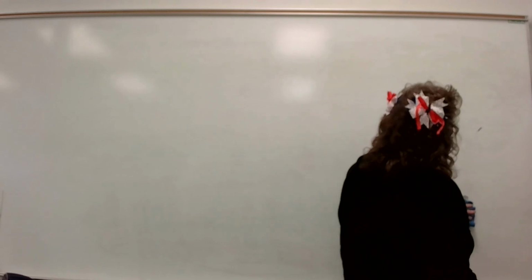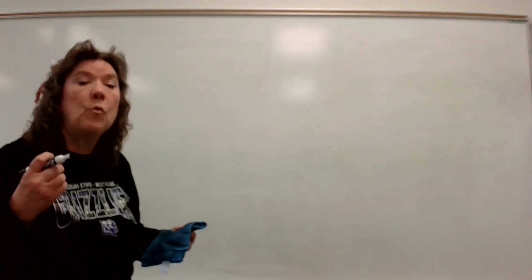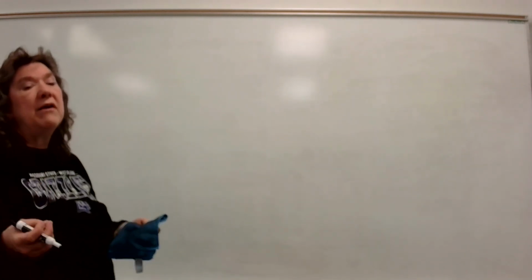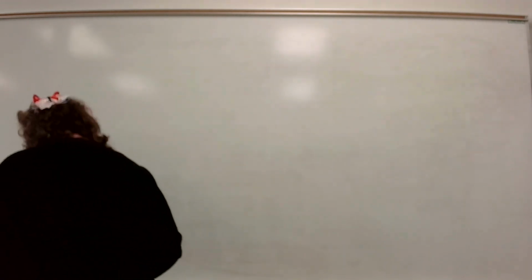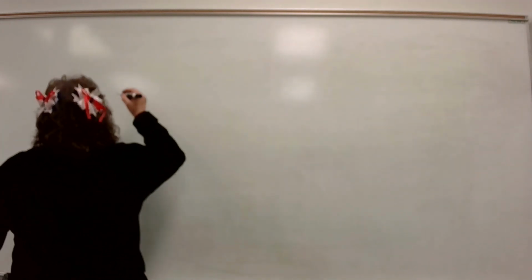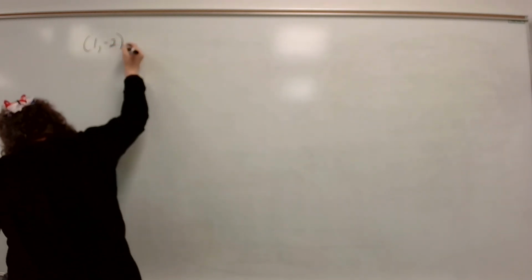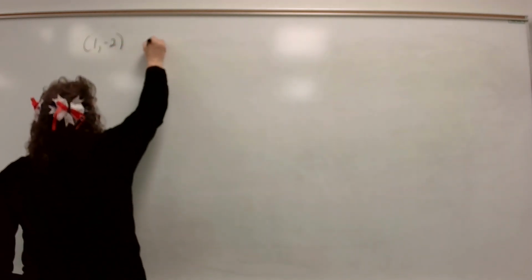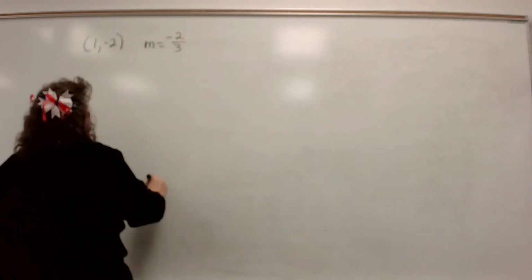Well, this works very much the same way. Only instead of graphing from the y-intercept, you graph the slope from whatever point they gave you. So, let's look at one. I have a point of (1, -2), and I have a slope m equal to -2/3.